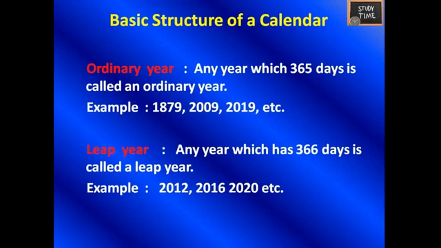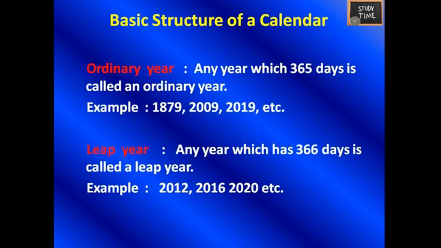How can we find whether the given year is ordinary year or leap year? Take the example 2009. You have to take the last 2 digits of the given year. If the last 2 digits of the given year is divisible by 4 and the remainder is 0, then the given year is leap year.